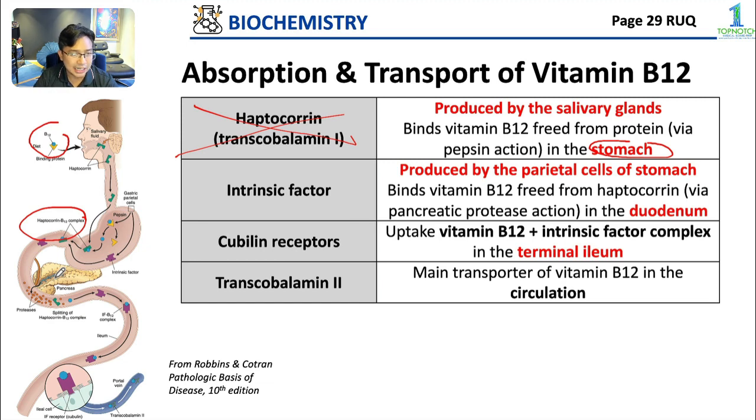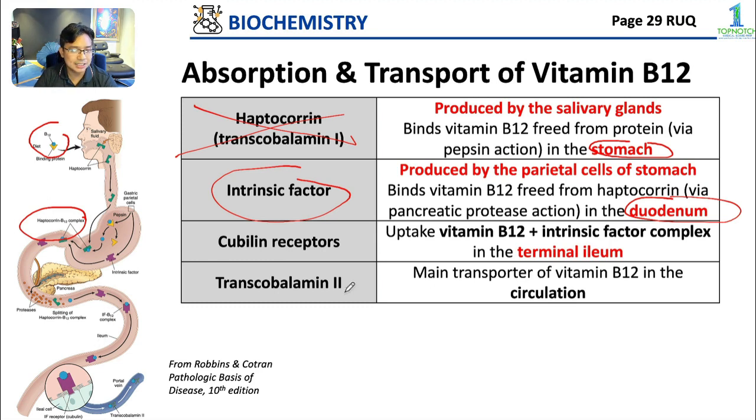Ang sasama sa kanya, sa duodenum, up to the rest of the GI tract, is now the intrinsic factor, produced by the parietal cells of the stomach. It binds at the level of the duodenum, okay, to the B12.